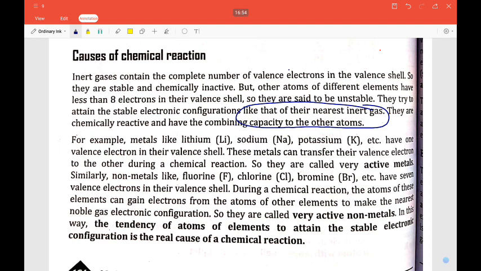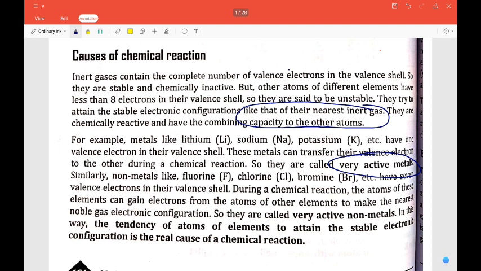Okay, so those metals which transfer their valence electrons faster are called active metals. Actually, remember, non-metals gain electrons, but metals are not always very active. Some metals are very active.